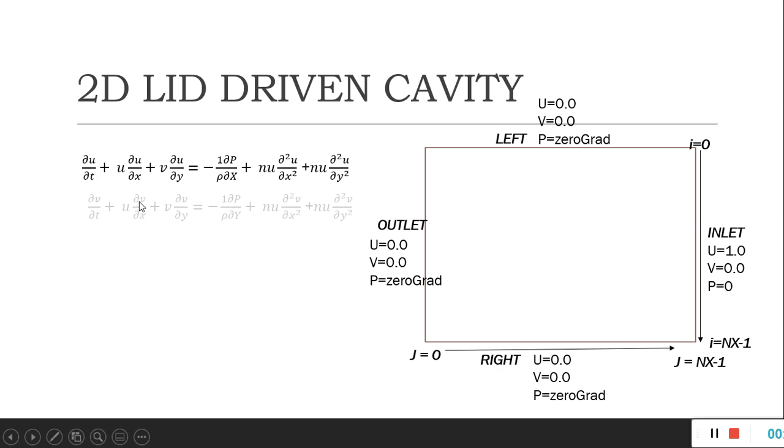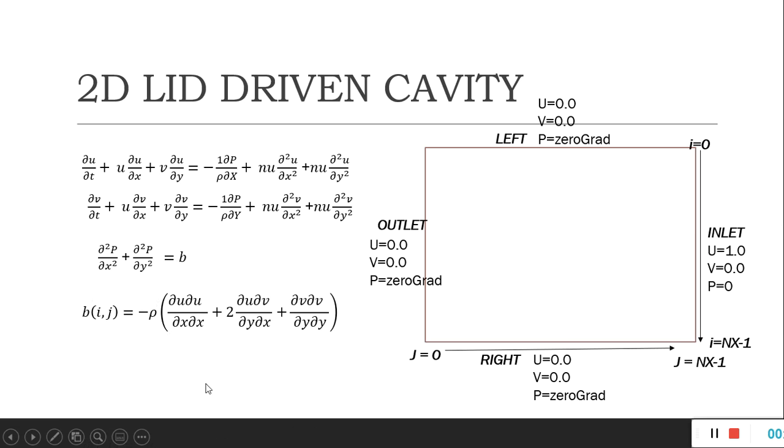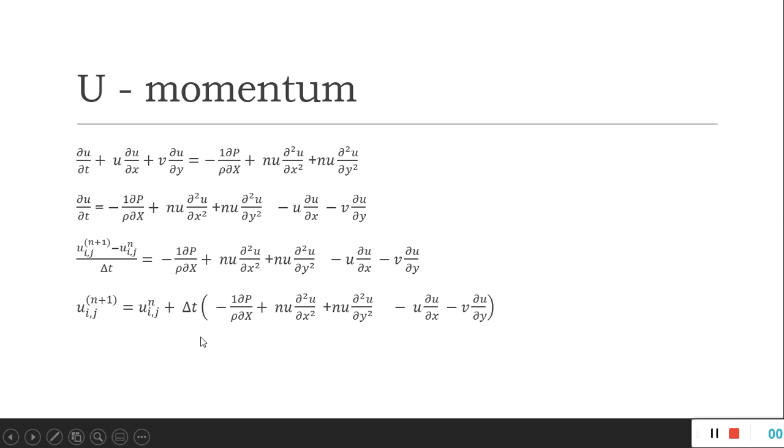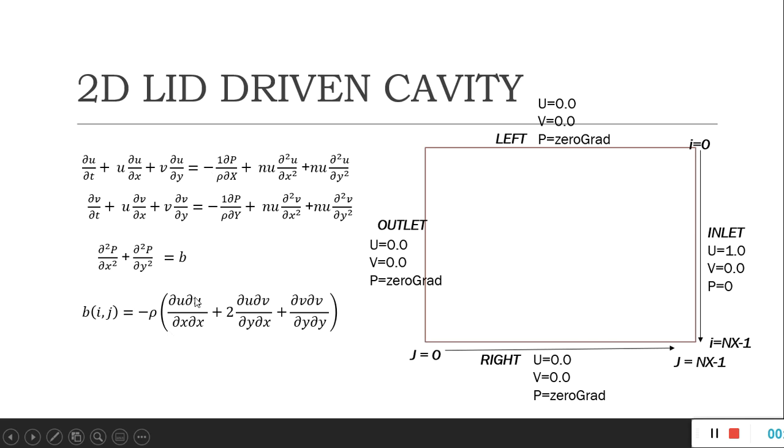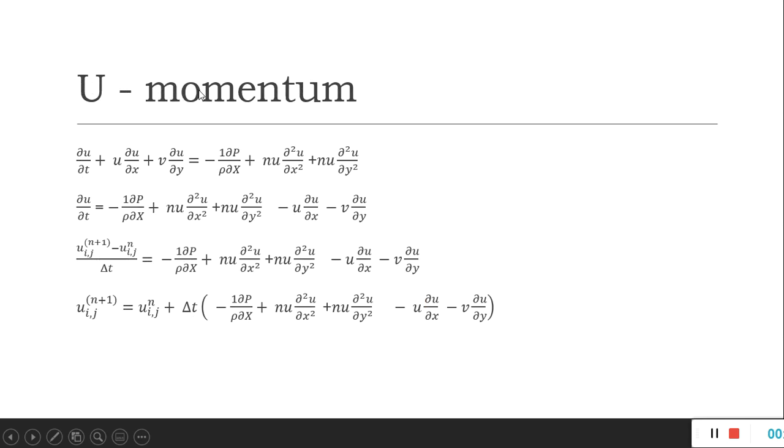So let's go ahead. We've got our u momentum equation, our v momentum equation, and our pressure Poisson equation with a source term, which we derived. Let's tackle the u momentum equation first. Nothing is changing here.